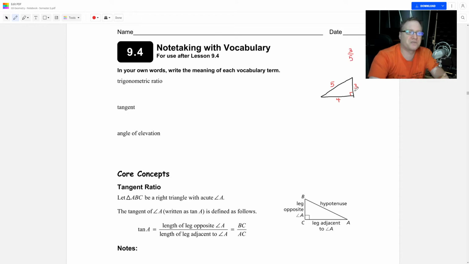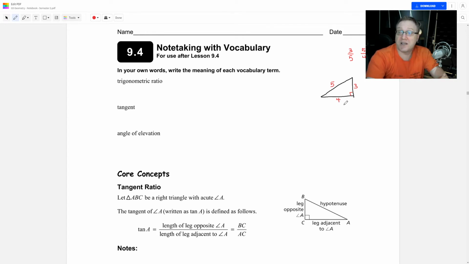That's a trigonometric ratio. We could do 5 over 4. 5 divided by 4. That's a trigonometric ratio. We could do 4 divided by 5. All right, and we could keep going. We could do 5 divided by 3, 3 divided by 4, 4 divided by 3.